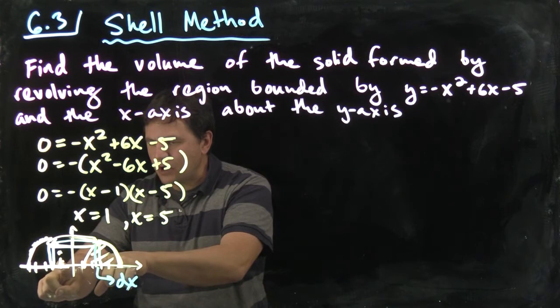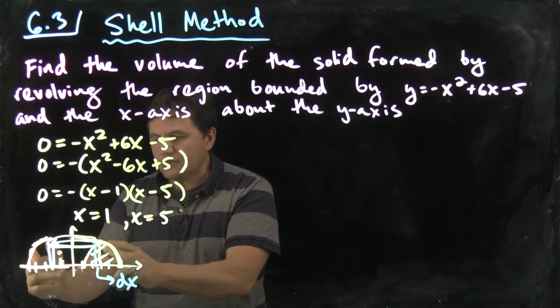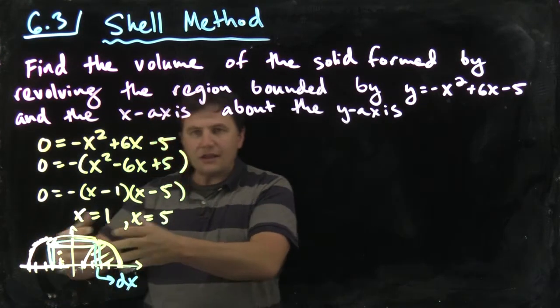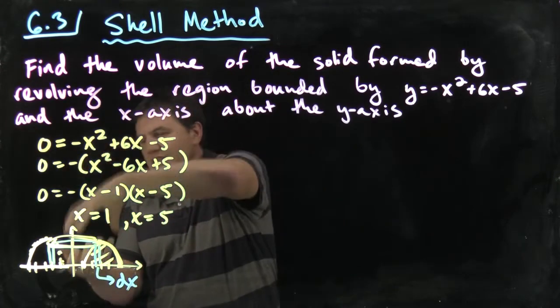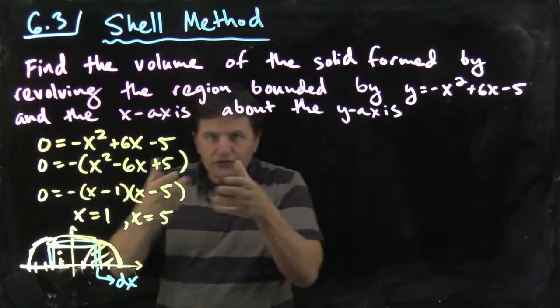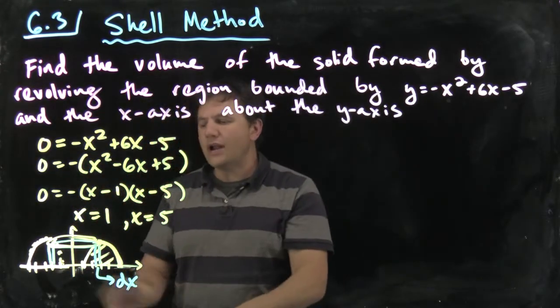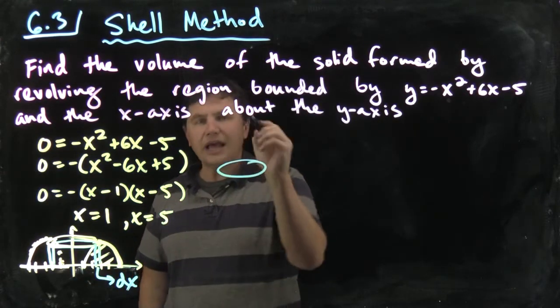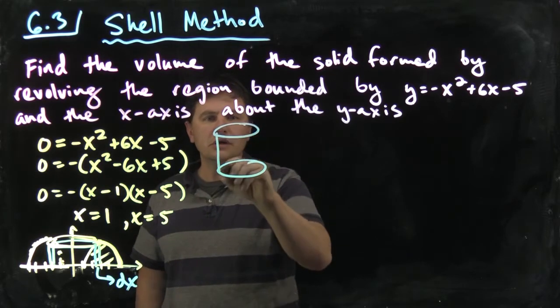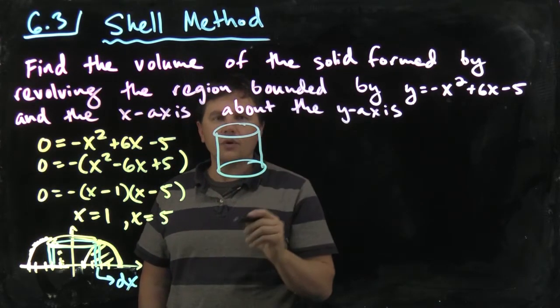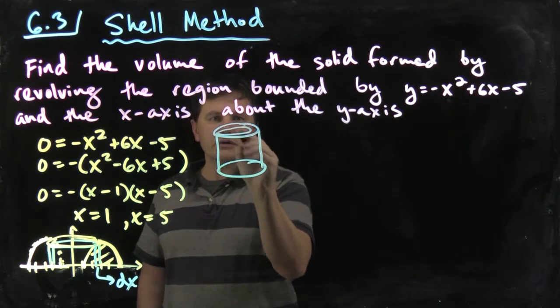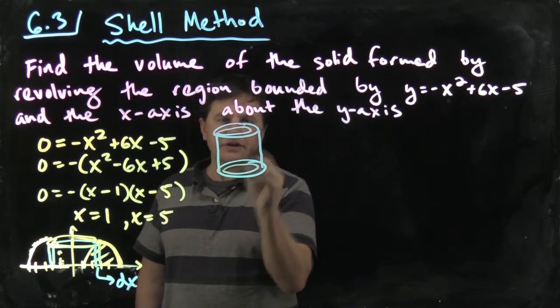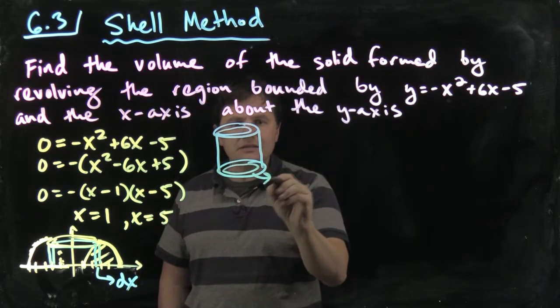The ones here are going to be quite small, the ones right there are larger, and then we're going to go throughout. So we're going to cut this thing into all these shells. Let's take one out and put it down in front of you. The shell here, what I have in blue, is a hollow cylinder, because there are other shells inside of it, with a thickness of dx.